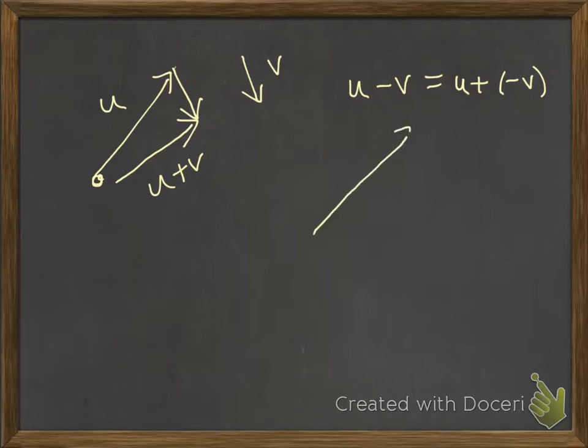So here we have our u, and instead of v, which looks like this, the opposite of v. I'm going to erase this to make room. Let's move this out of the way. Okay, so the opposite of v, let's make that a little bit better.